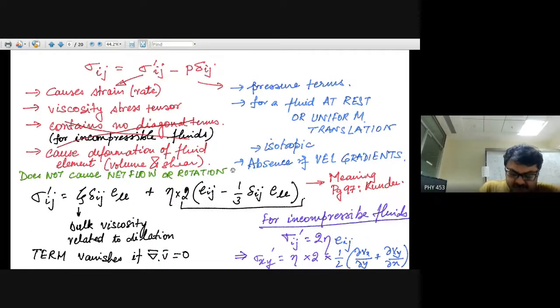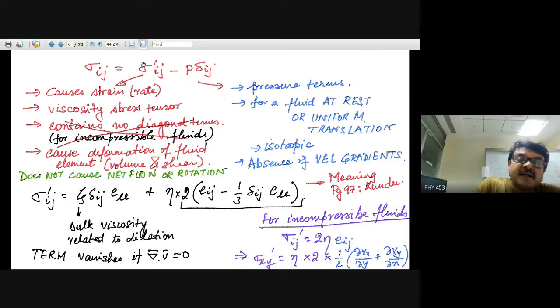Now, what I want to say is that the stress tensor sigma ij can be broken up into two parts. One part is caused because of the velocity gradients, the relative velocity between different layers of the fluid, as measured by the strain rate, because it's a fluid, it will have strain rate and velocity gradients.